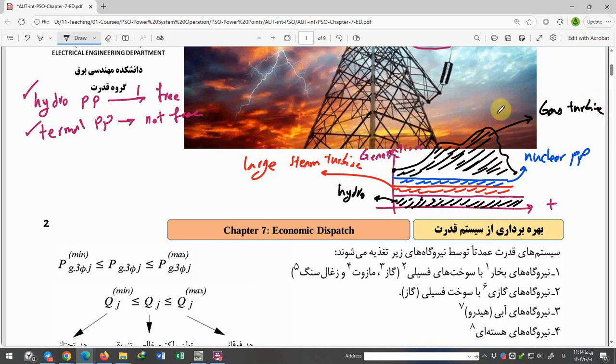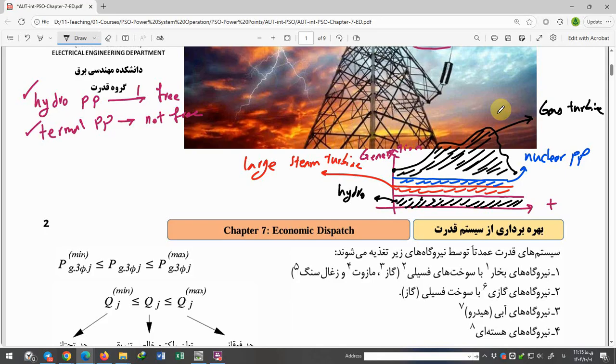The gas turbine can be started and shut down immediately, and its cost is very normal.